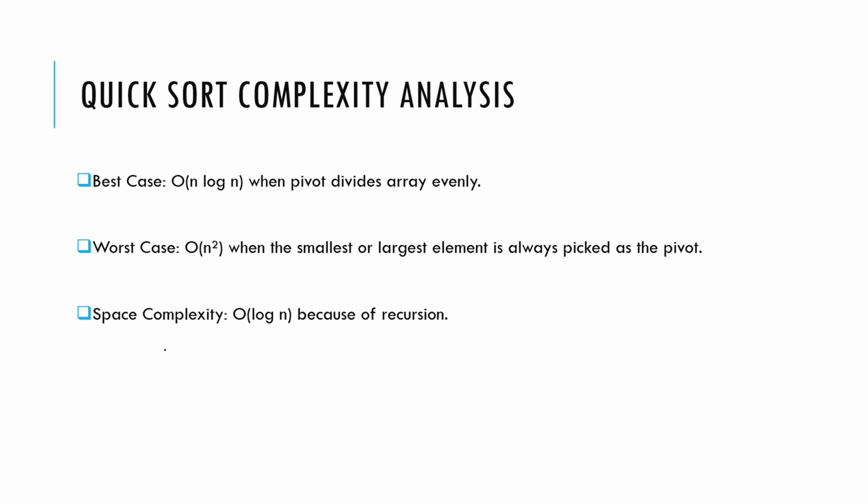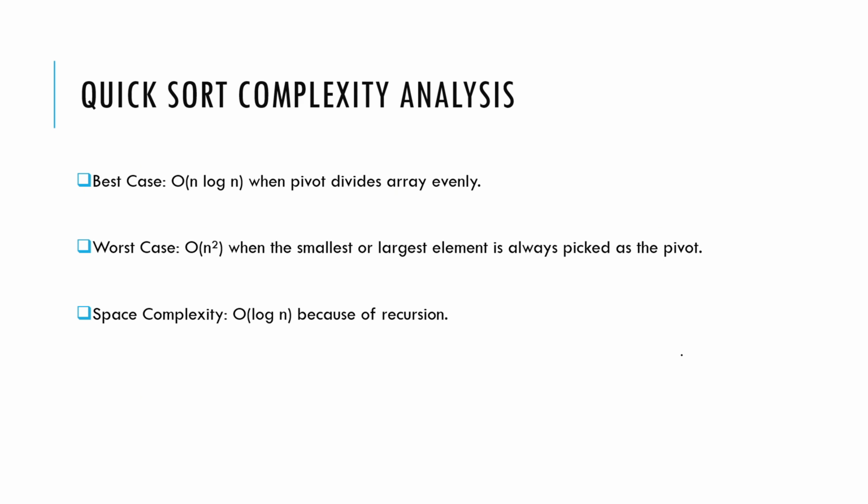Quicksort has multiple complexities. It has O(n log n) when the pivot divides the array evenly. So in our example, we had 7 elements. We have the pivot in the center, and we have 3 elements on the left, 3 on the right. It's the best case. The worst case is when the smallest or the largest element is always picked as a pivot.